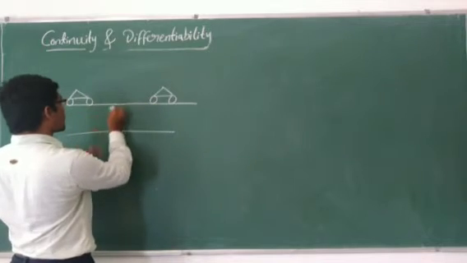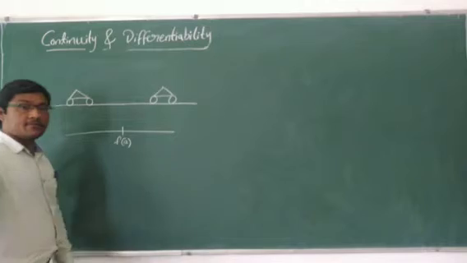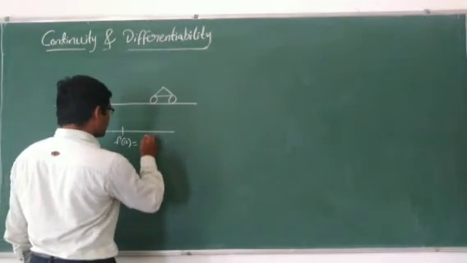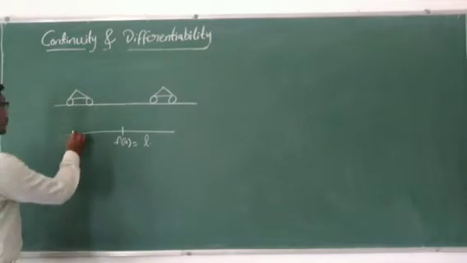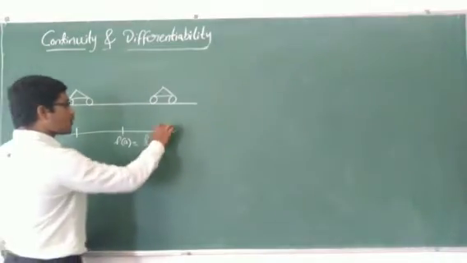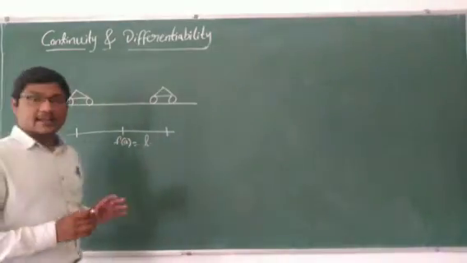Suppose you both come and meet at f of a, that is called the limit. Wherever you meet, you can meet anywhere. You both can meet at this point, or at this point. Anywhere you meet, that is called the limit.